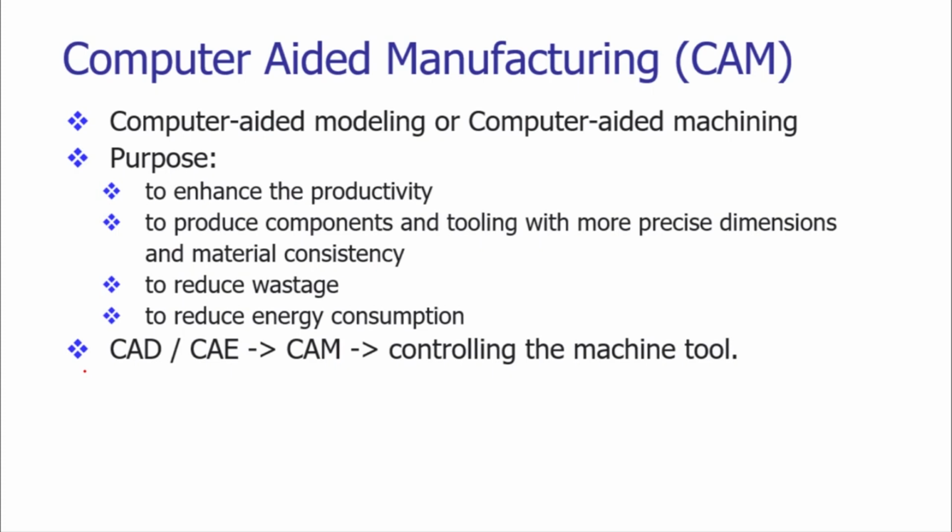After the designing and after the computer aided engineering analysis, the next stage is CAM. So CAD is computer aided design, CAE is computer aided engineering analysis, and the CAM will certainly take you to the actual transformation of raw material into its desired physical state.